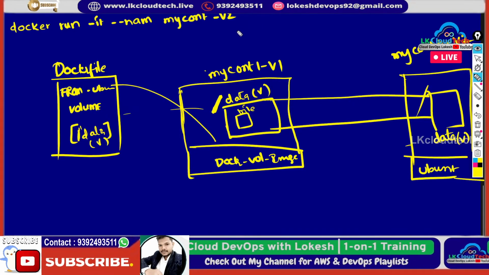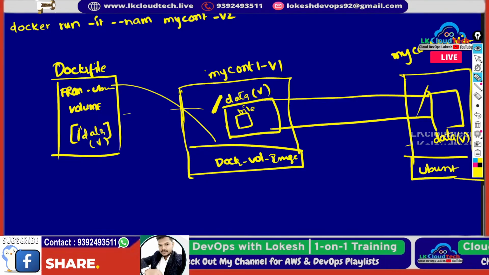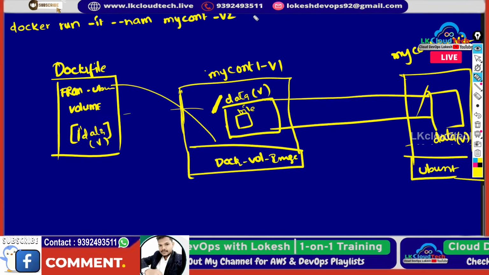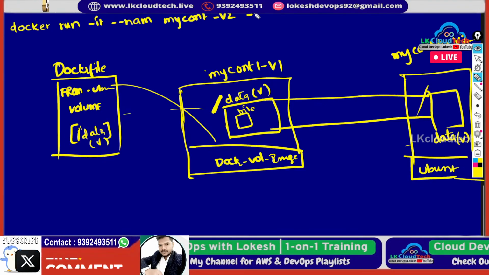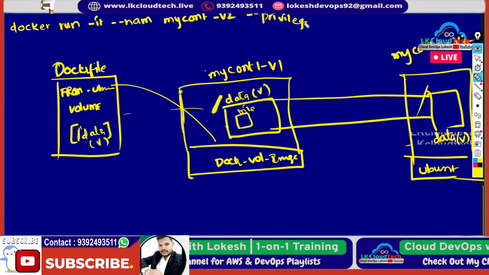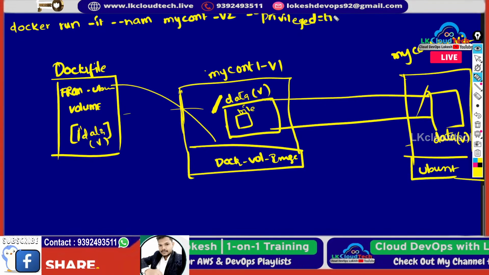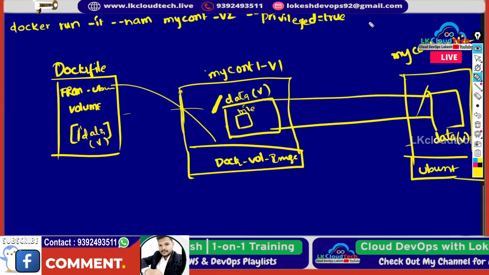This is my container name. Here you need to keep in mind, this is a new one: hyphen hyphen privileged equal to true.